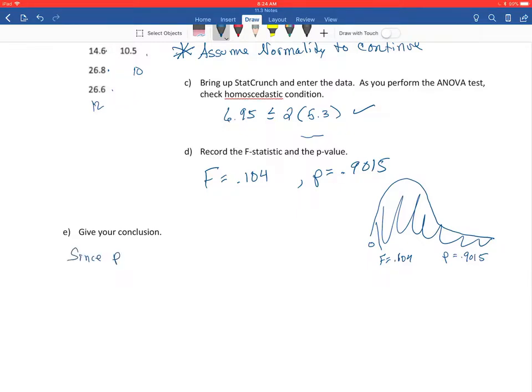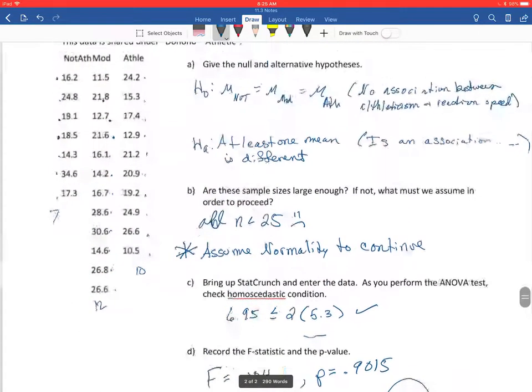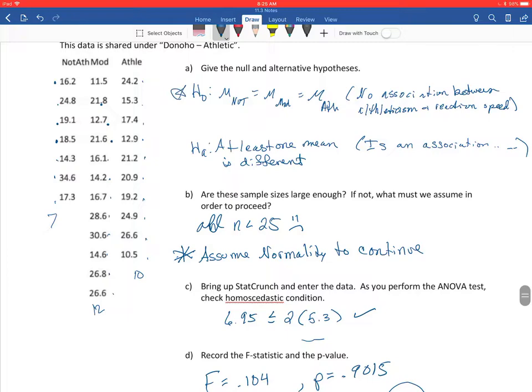So then our conclusion will be, since p is greater than 0.05, and again, we weren't told what to use, so I default to that one, so it's bigger than that, we're going to fail to reject the null. What that will mean is that, since we're failing to reject this, basically we're sticking with it.